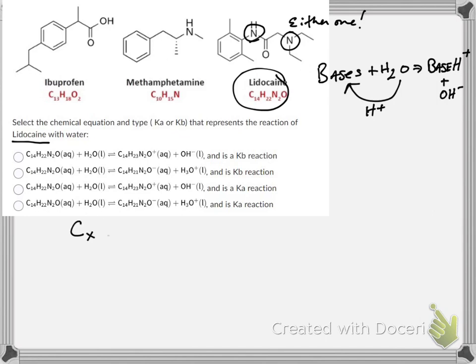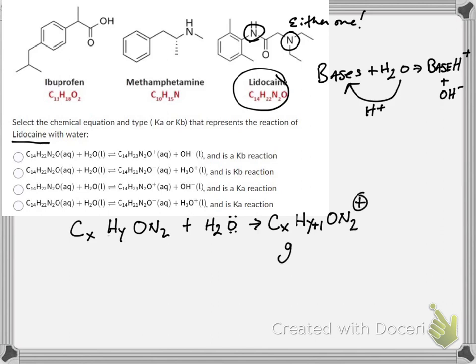If we look at the generic reaction, CxHyOzN2 plus water, we would take on a hydrogen, so we're taking on H plus and an overall charge of plus 1, and then water lost an H plus and becomes hydroxide ion, negatively charged.